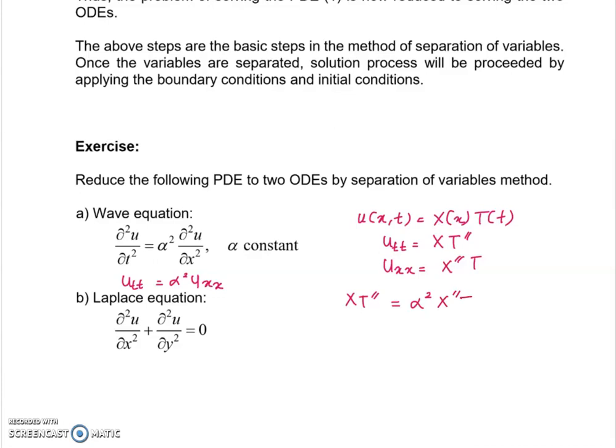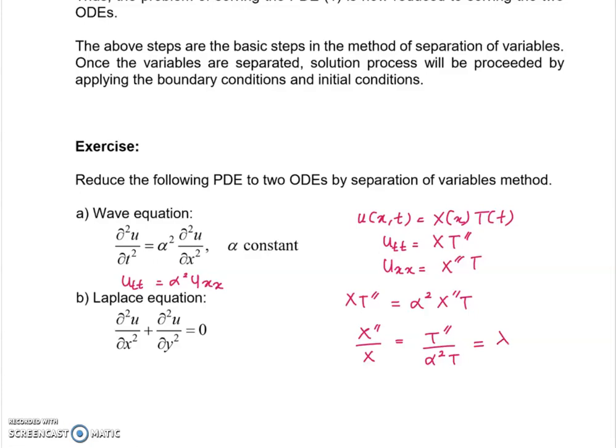x double prime t. Then by separation of variables, normally we put the higher derivative at the top and the lower derivative in the denominator. So x double prime over x is now t double prime over alpha square t, which can be equal to some constant lambda.